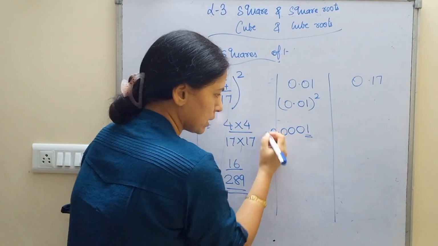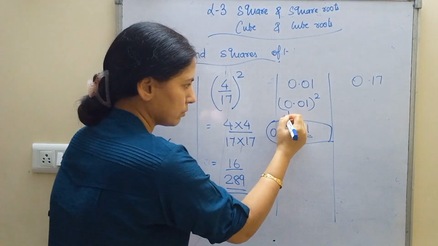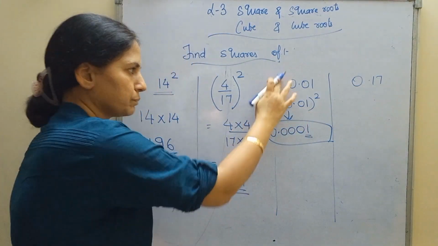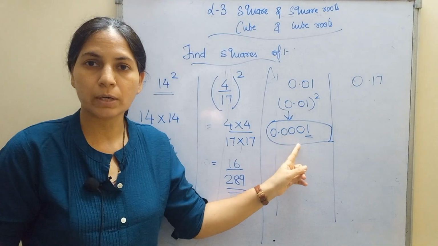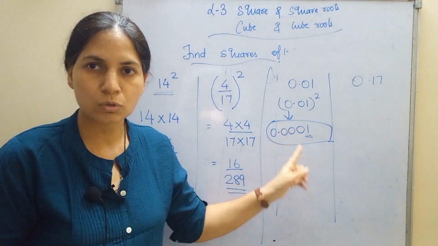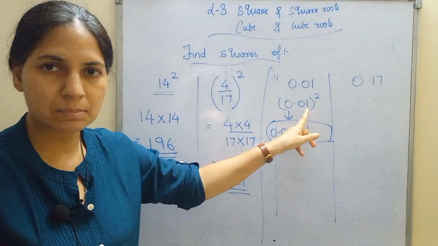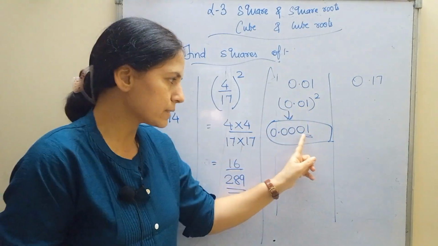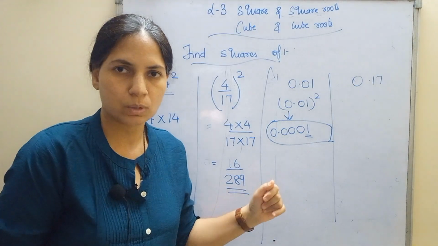Put 3 zeros and this is my answer. 0.01 square is 0.0001. Okay. The decimal was after 2 numbers from behind. Here the decimal would be after 4 numbers from behind. Simple. And 1 square is 1 only.